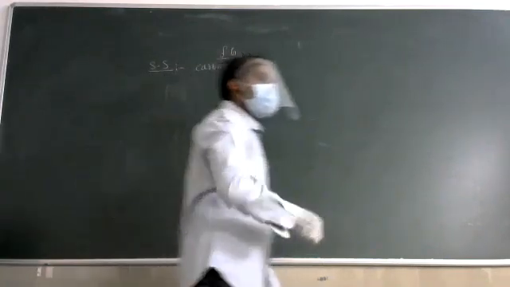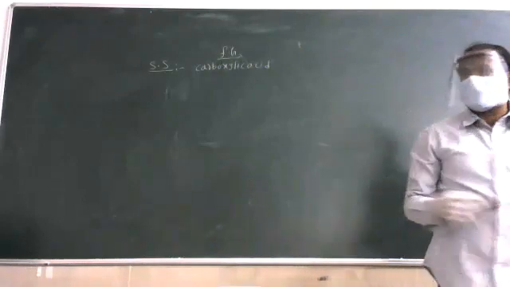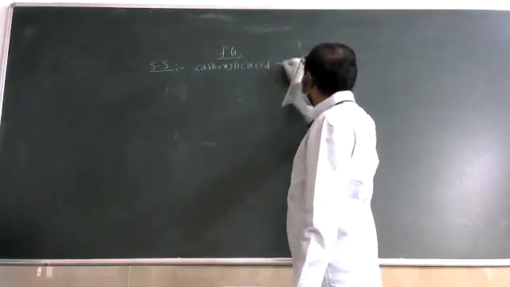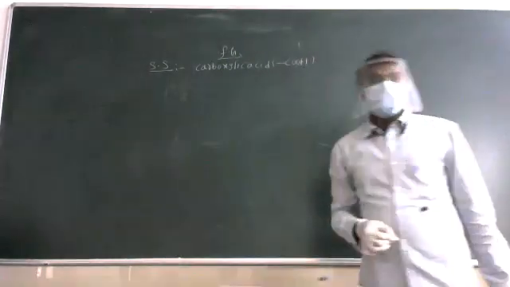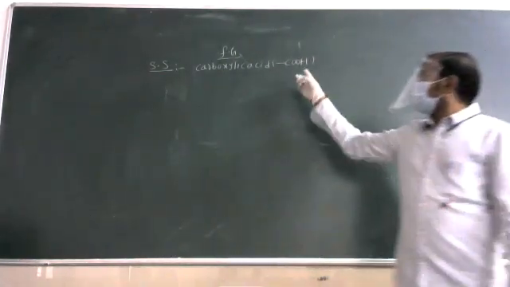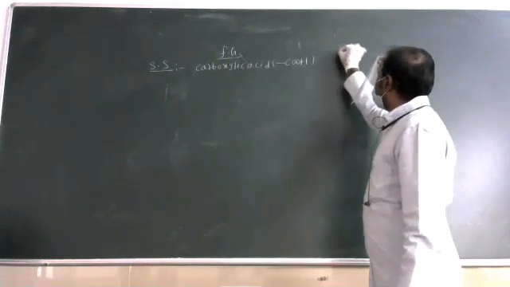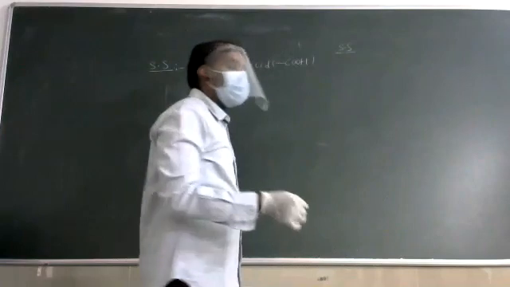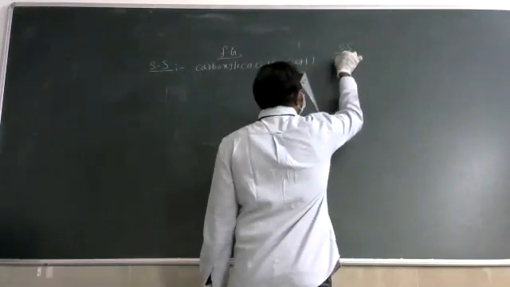What is the formula of carboxylic acid? COOH. So if COOH is there, what is the secondary suffix? Oic acid.